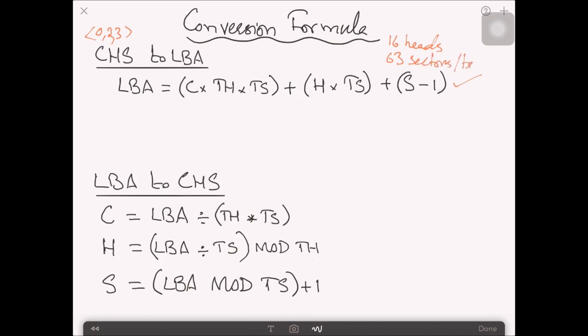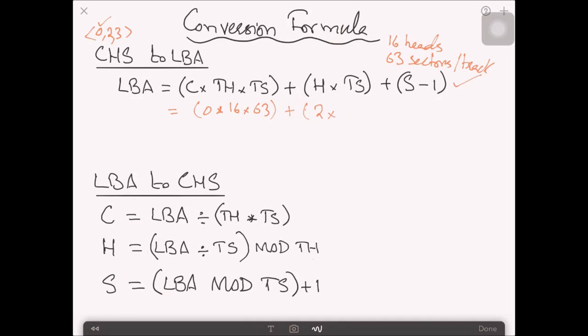So putting in the values, C means the cylinder. We have the cylinder 0. TH means the total number of heads. We have 16. TS means the total number of sectors, which is 63. H means the head, which is 2.